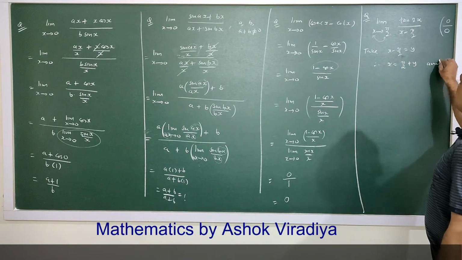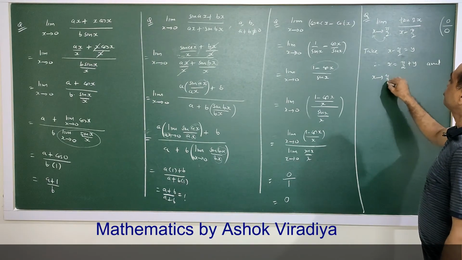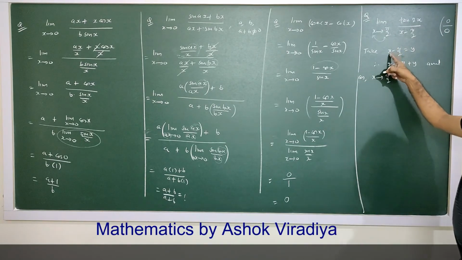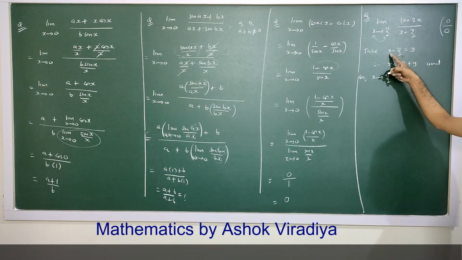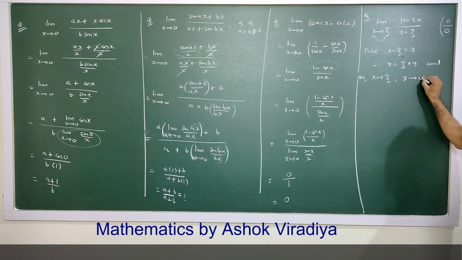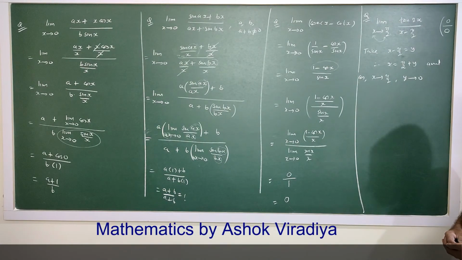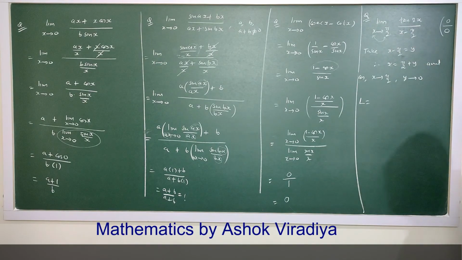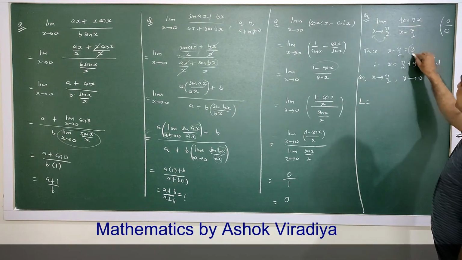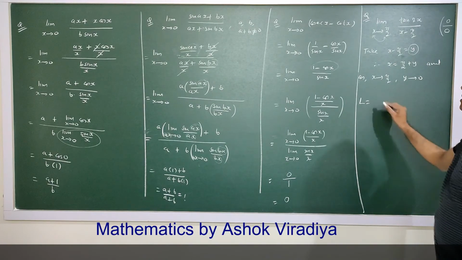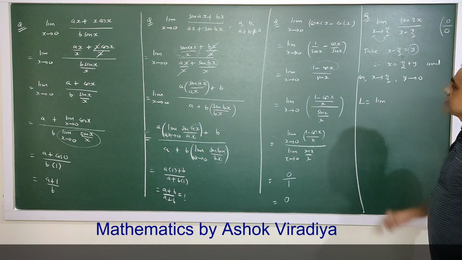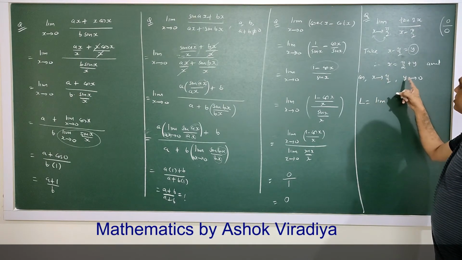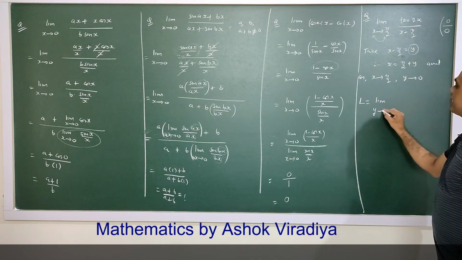And as x tends to pi by 2, y tends to 0. So now using these values, everything we are converting into y. Limit x tends to pi by 2 is now replaced by y tends to 0.